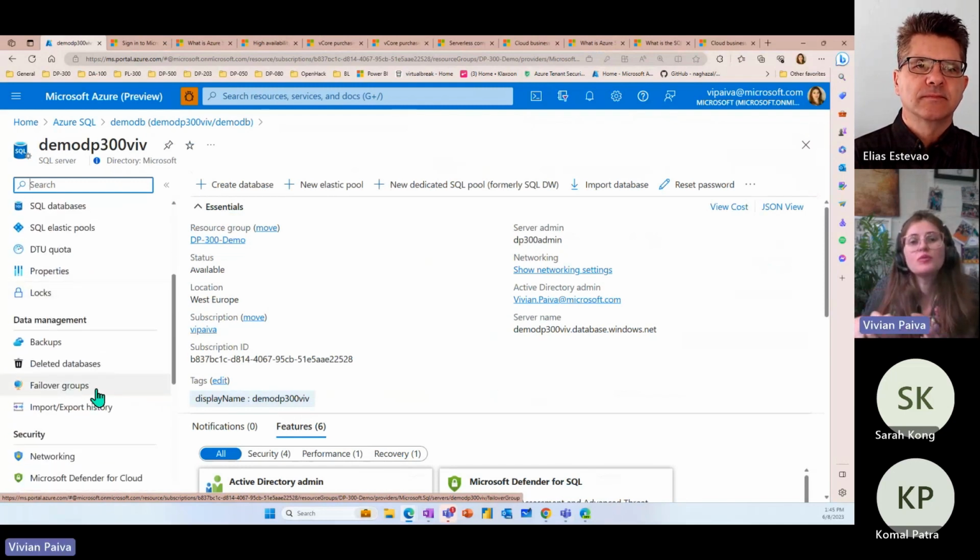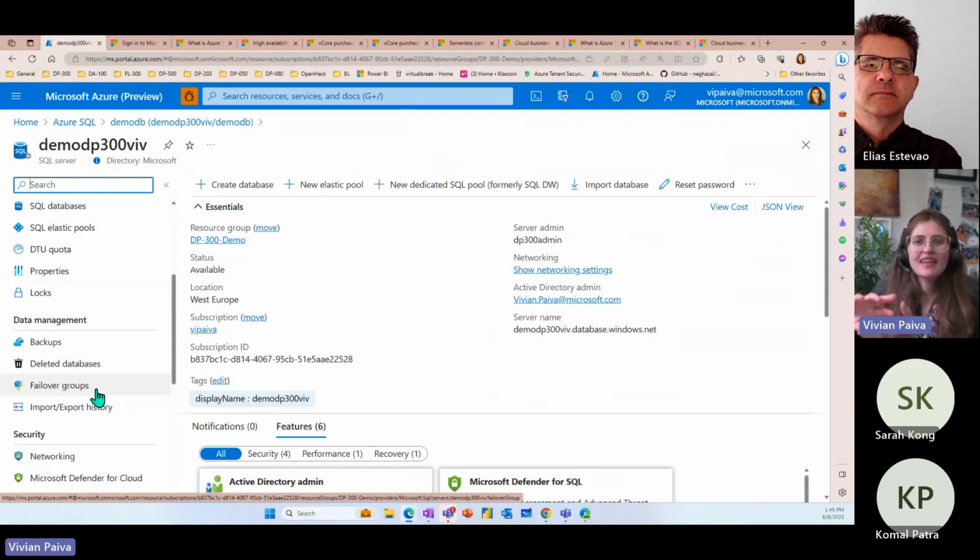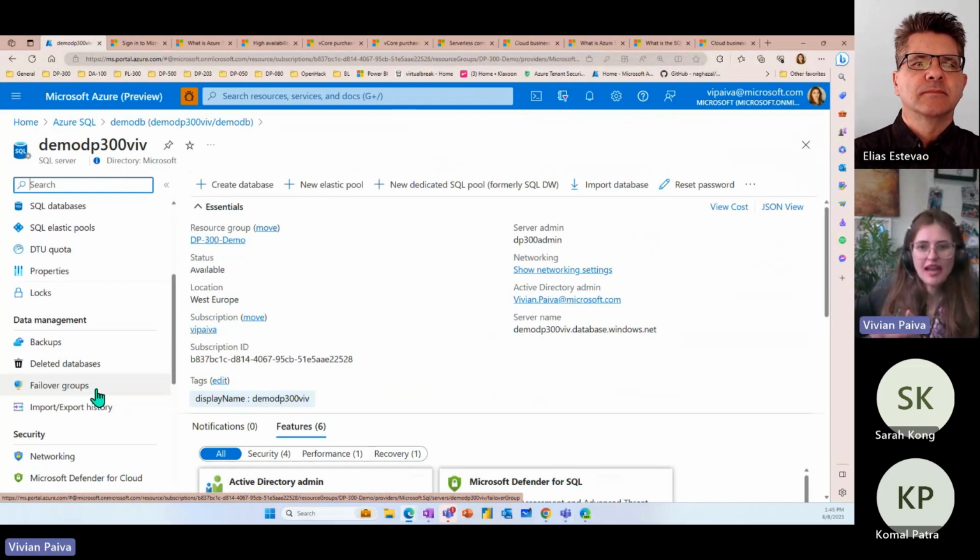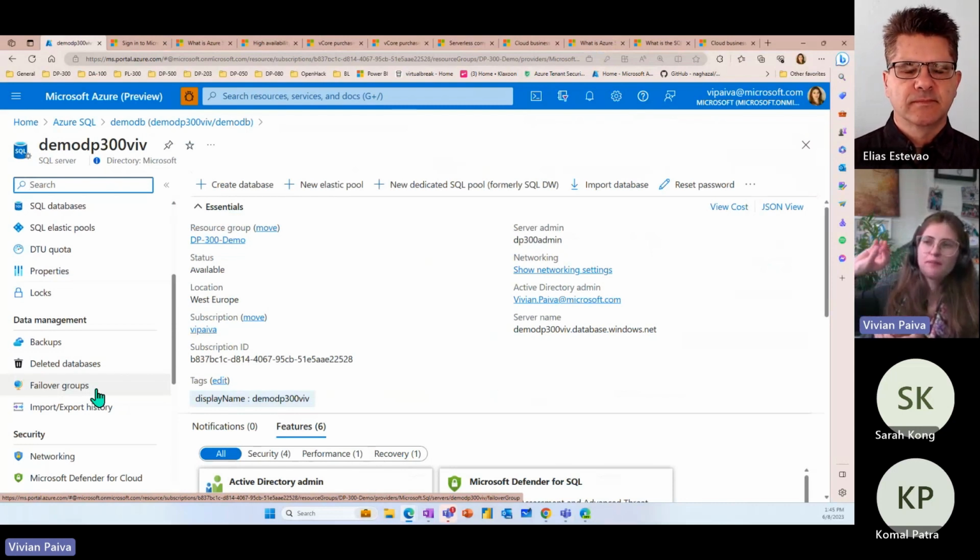So basically, this is how we configure these extra functionalities to support a disaster recovery or business continuity plan, because this is about configuration. You configure and then we deploy that in the background for you.